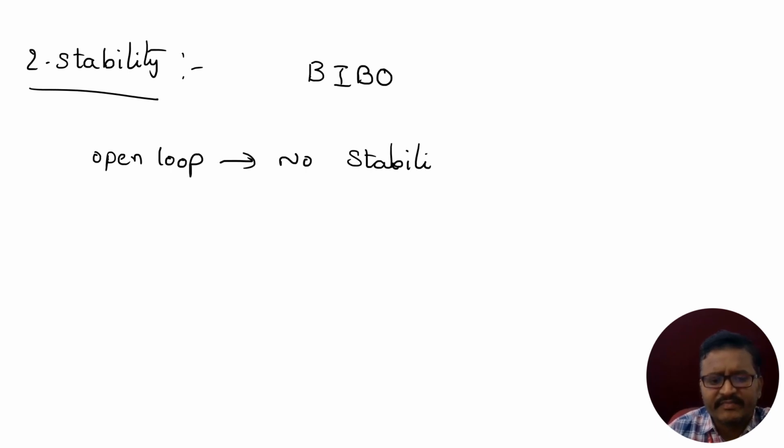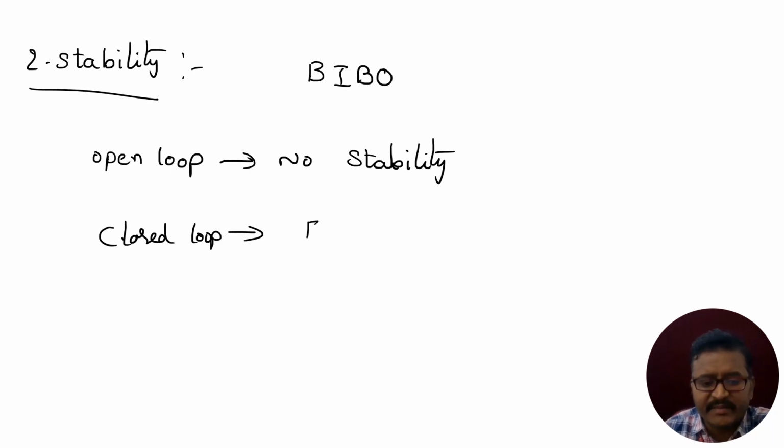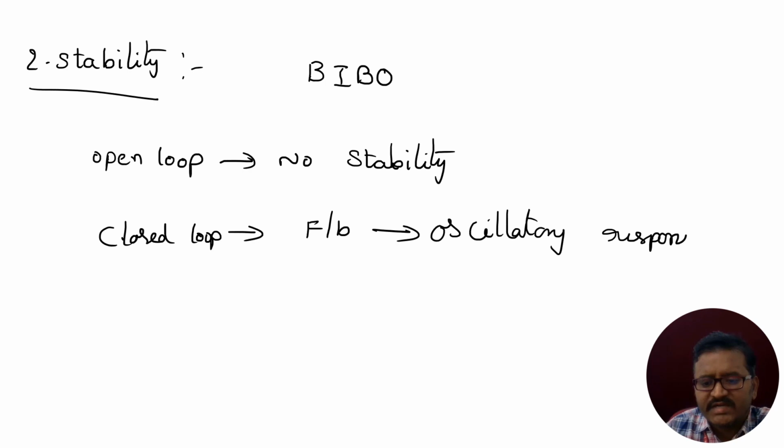Whereas in a closed loop system, the existence of feedback makes an oscillatory response, and this oscillatory response obviously provides a stability problem.